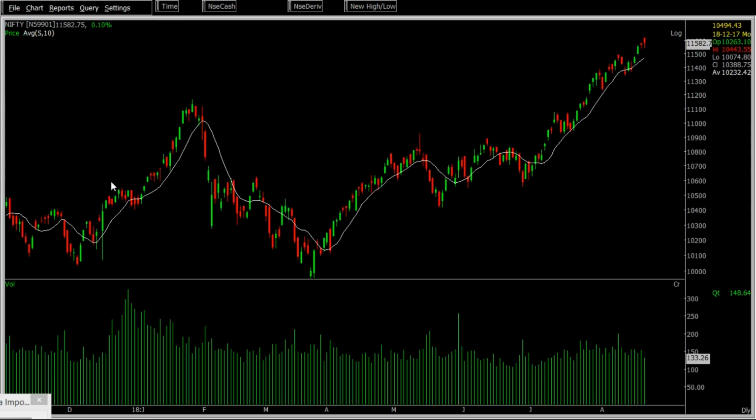Now you can see on the screen how the moving average is closely following the price movement. You can see how beautifully it is following the price movement. It is almost acting as a very important point when the price movement is there.